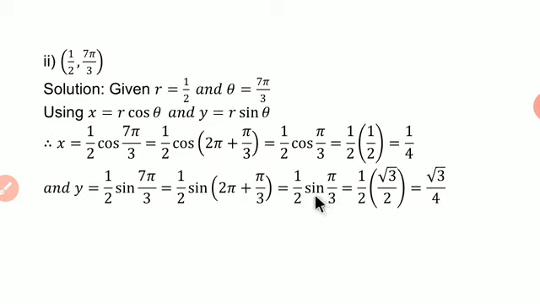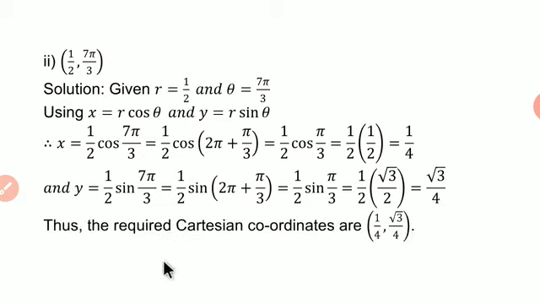Now the value of sin pi by 3 is root 3 by 2, and therefore y is equal to 1 upon 2 into root 3 by 2. It is equal to root 3 upon 4. Now we get value of x as 1 by 4 and value of y as root 3 by 4, and hence the required Cartesian coordinates are (1 upon 4, root 3 upon 4).